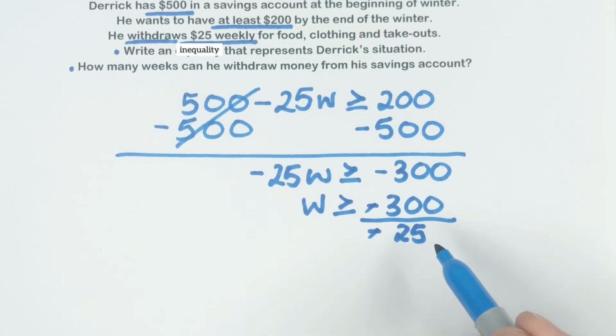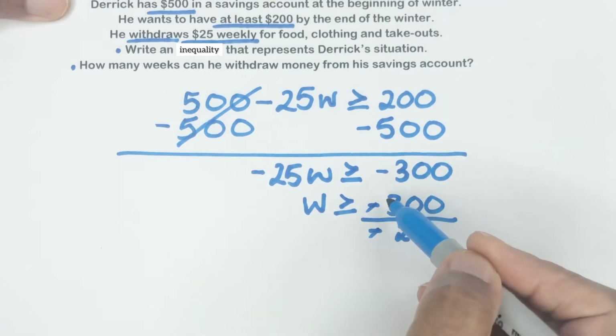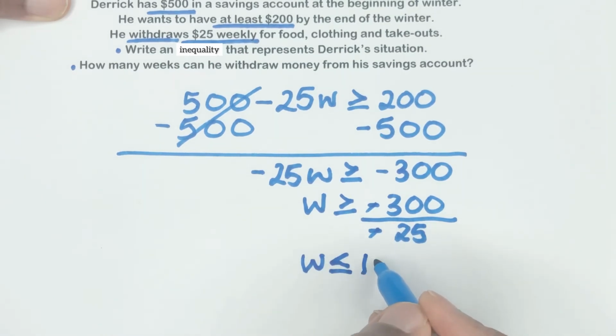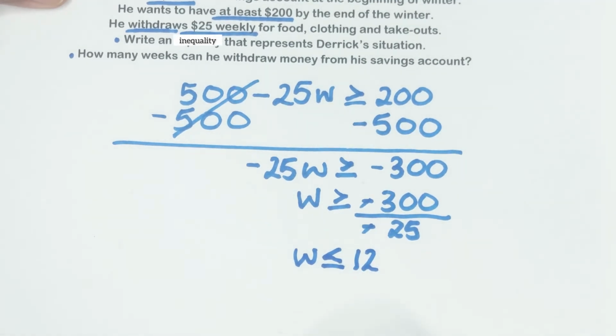But here's a rule for inequalities, is that you have to reverse your sign because we're dividing by a negative number. So W now is less than or equal to 12. Right? So then the number of weeks that Derek can withdraw money from his account is 12 weeks or less.